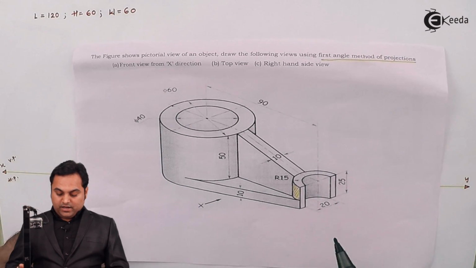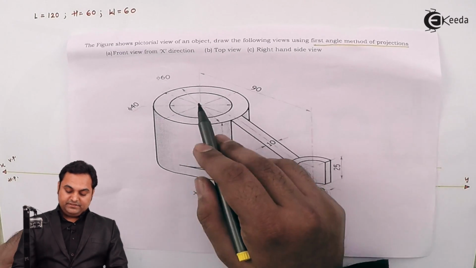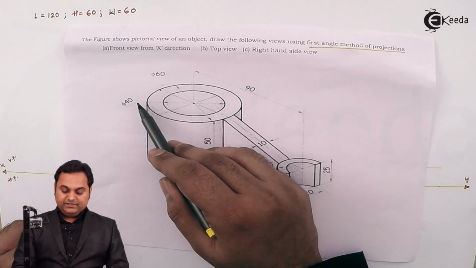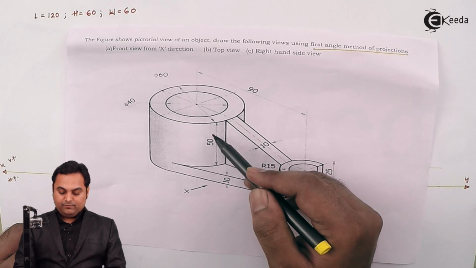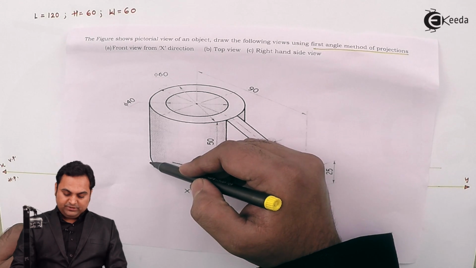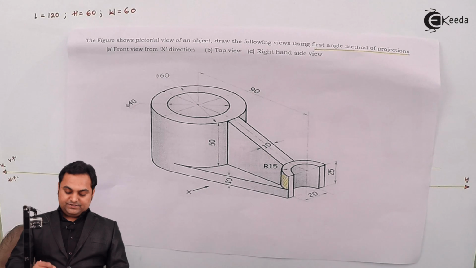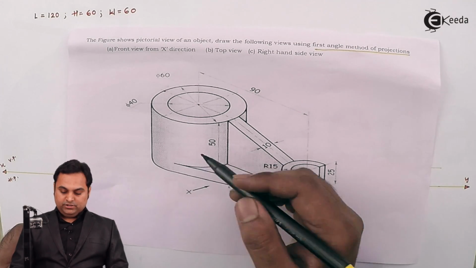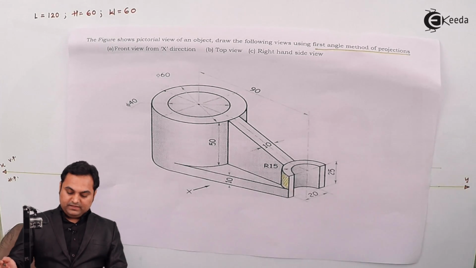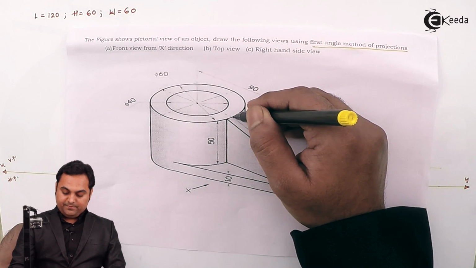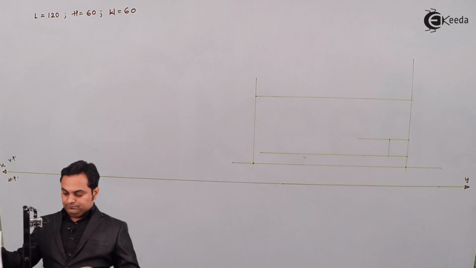Next, again when we are looking along x direction, this is a complete cylinder having diameter 60 mm, and its height is 50 mm over the 10 mm block, whereas from the bottom the total height of the cylinder is 60 mm. Looking along x direction, this cylinder will also be seen as a rectangle having length equal to 60 mm and its height 50 mm over the 10 mm block.